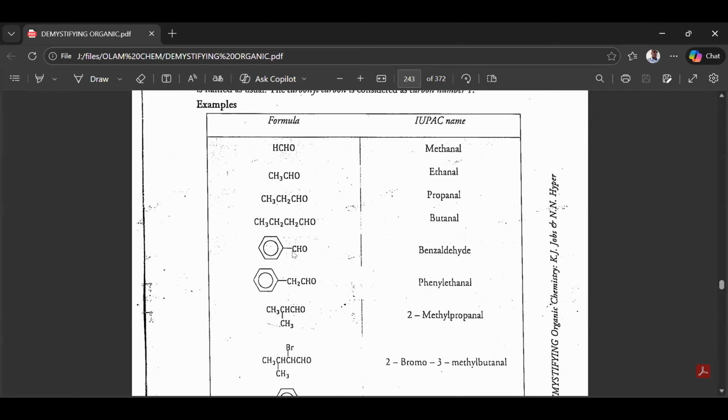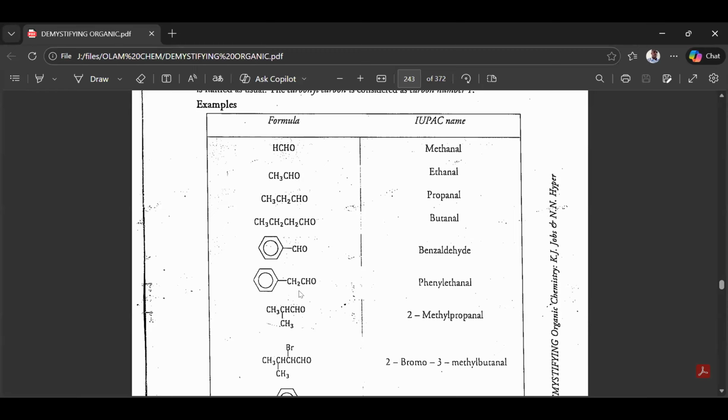This is an aromatic compound. Benzaldehyde, we have been using it in preparation of many compounds, carboxylic acids, alcohols, benzene, and others. That one has a special name.